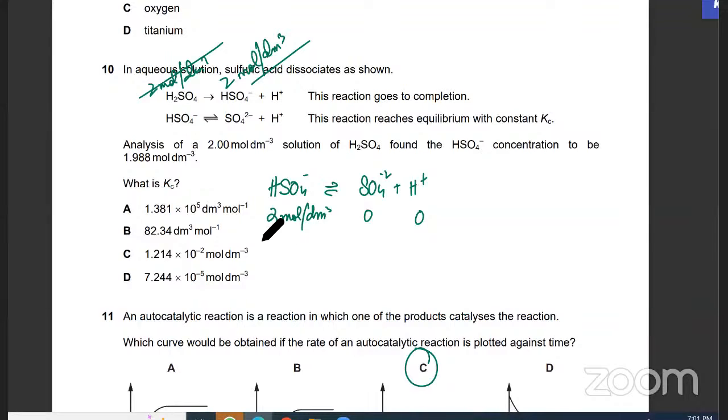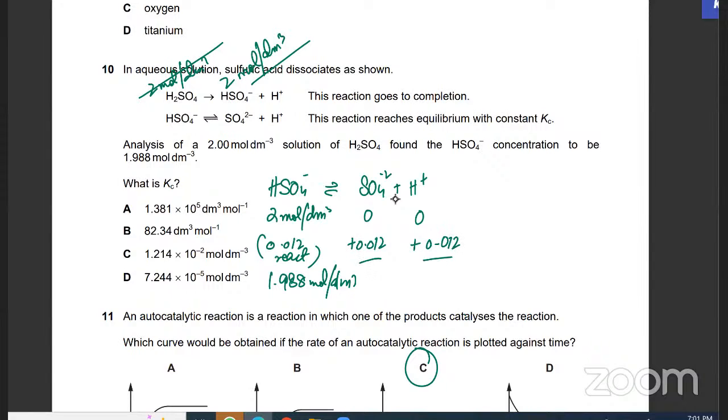And he has said that the concentration at equilibrium is 1.988 mole per dm cube. So how much HSO4 minus ions have been consumed? What is 2 minus 1.988? 0.012. So that means 0.012 have reacted, right? And it's 1:1. So that means 0.012 of this is produced, and 0.012 of this is produced.